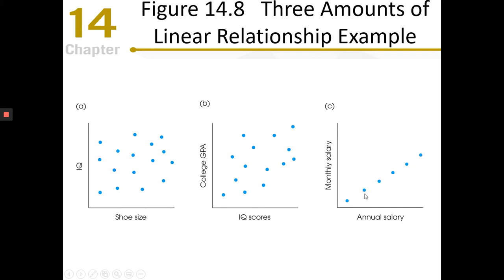We can actually draw a line here. The mathematics of the correlation draws a line, but once we draw the line on the earlier data, there are going to be a lot of dots that are off the line. Here we can draw a line and all the dots are on the line, so it's a perfect correlation. And what is it? It's a perfect positive correlation. As annual salary goes up, monthly salary goes up.